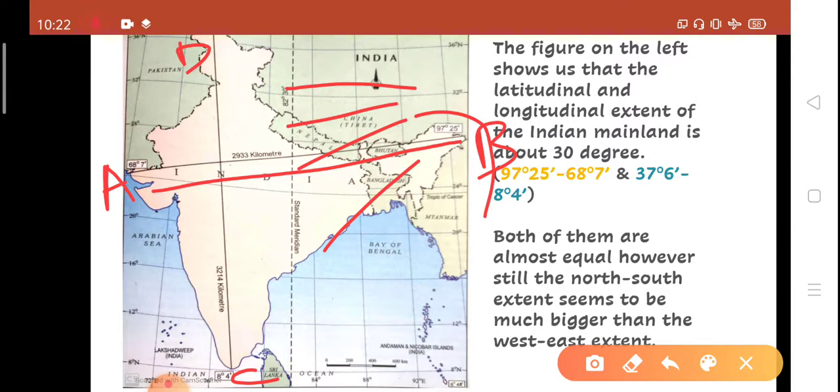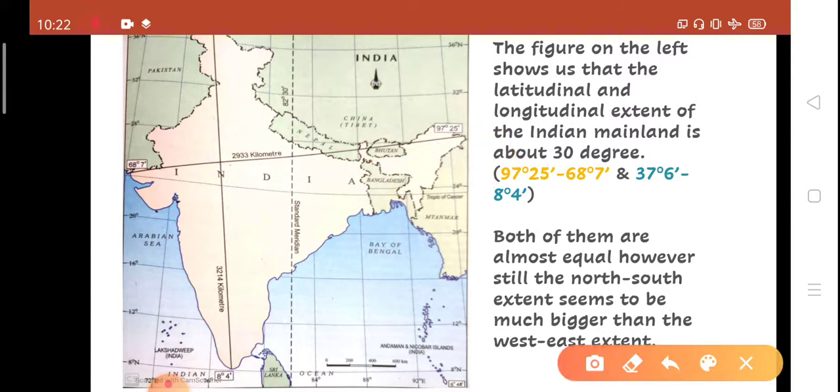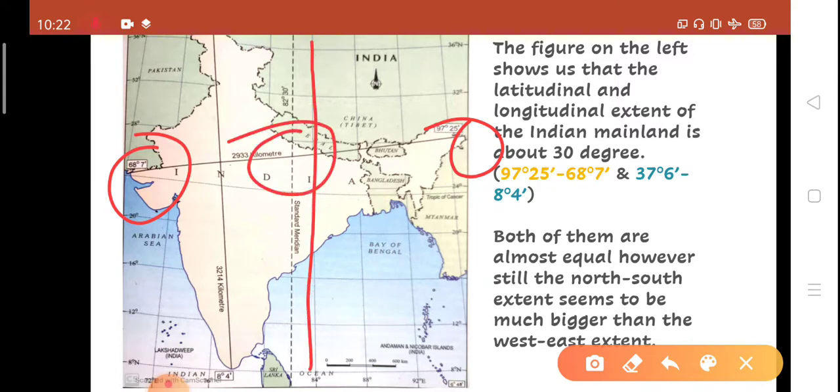That is why we have a time lag of approximately 2 hours from Arunachal Pradesh to the westernmost part of India, that is Gujarat. To avoid this time lag, we set the time along the standard meridian. You can see the standard meridian as this dotted line that passes through Mirzapur in Uttar Pradesh. This has been set up as the standard meridian of India, and the time along it is taken as the standard time for the whole country.